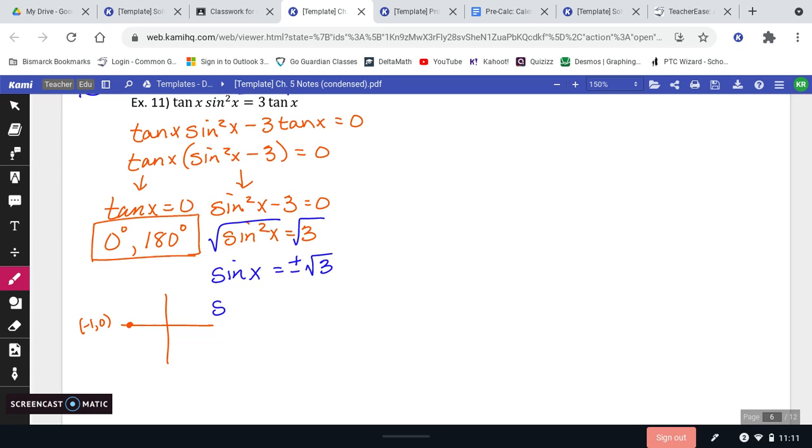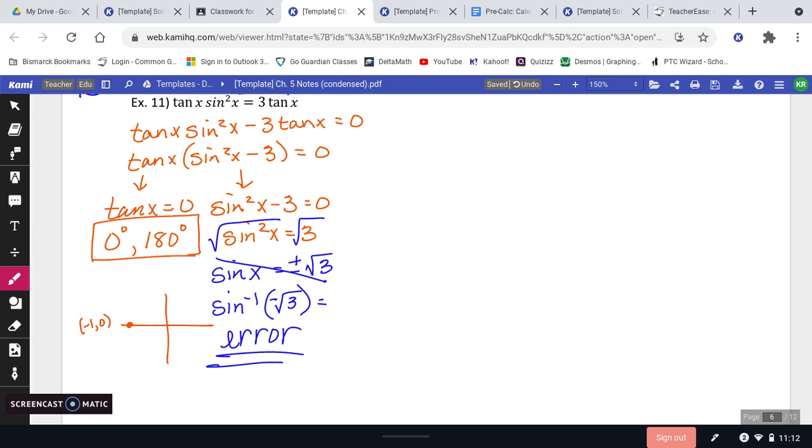It's just not going to be one of those 30-60-90s or 45-45-90s. So you can still do inverse sine of square root of 3, and my calculator can find that angle measure for me. However, when you do that, you get an error message. So there are no solutions for that statement. If you try negative root 3, it will give you, again, another error message.